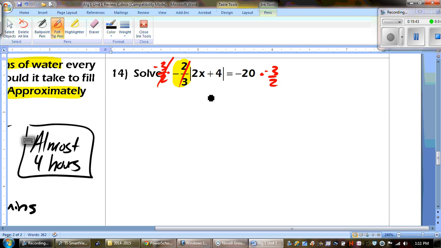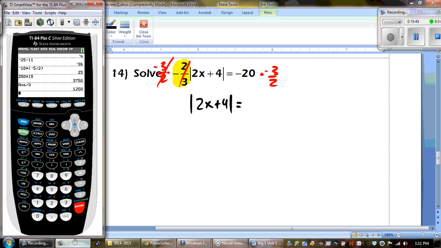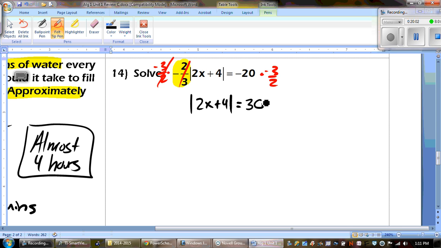Then we are left with the absolute value of 2x plus 4, and that equals negative 20 times negative 3/2, and we get 30.